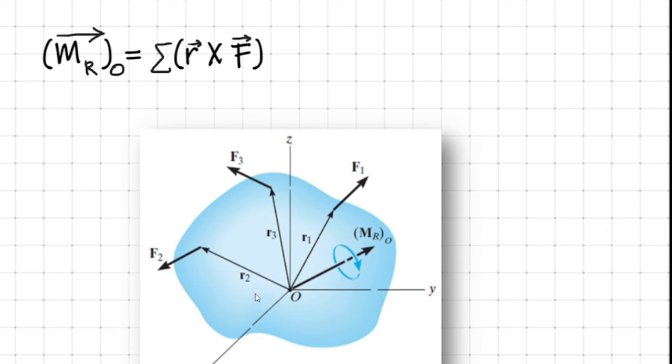Similarly, also define R2 and R3, which are the position vectors drawn from the point O to any point on the line of action of vectors F2 and F3. Now obviously we know that the moment of F1 about the point O is R1 cross F1, that of F2 is R2 cross F2, and the moment produced by F3 about the point O is R3 cross F3.